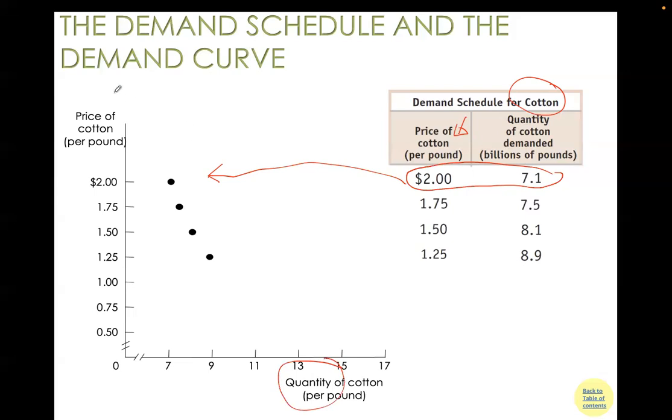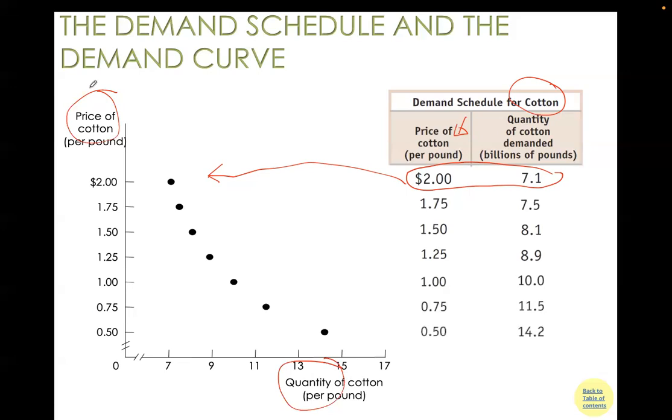On the vertical line, we have price. This is a common practice. Usually we put the quantity on the horizontal line and the price on the vertical line. This diagram on the left-hand side essentially visualizes what we observed from the table.